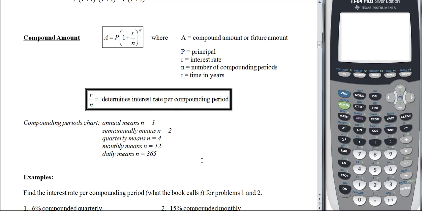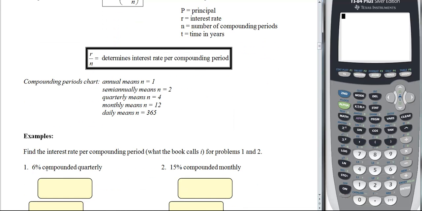So I've got some examples already. Find the interest rate per compounding period. This, like I told you, is what the book calls I for problems 1 and 2. So I've got 6% compounded quarterly. Well, quarterly is 4, so R over N, 0.06 divided by number of compounding periods. So there's my formula. And in this particular problem, that's the information.